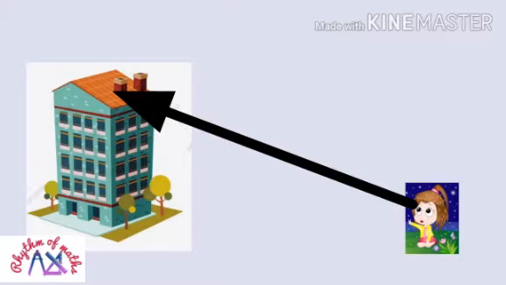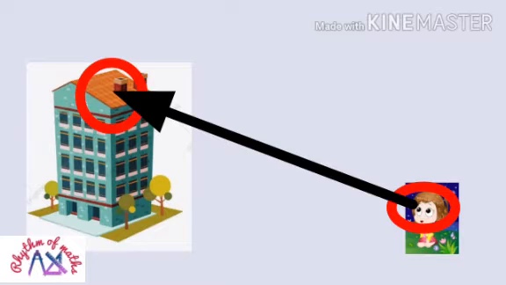For example, if we are going to see the top of a building, in that case also a line will be formed between our eye and the top of that building.